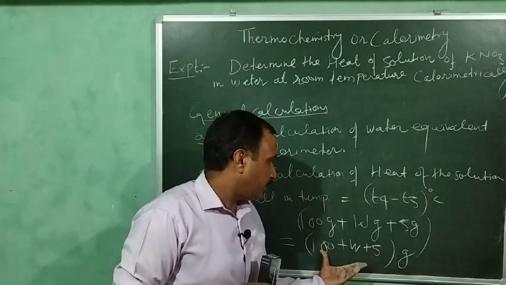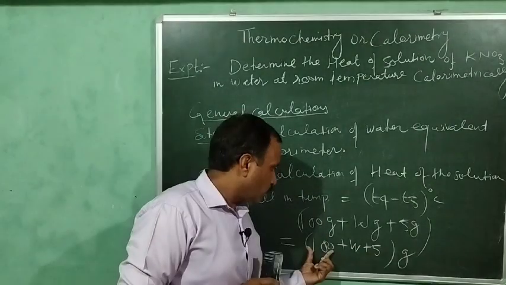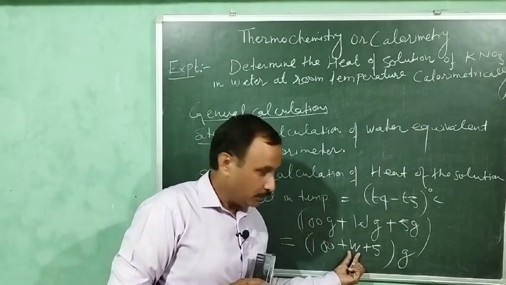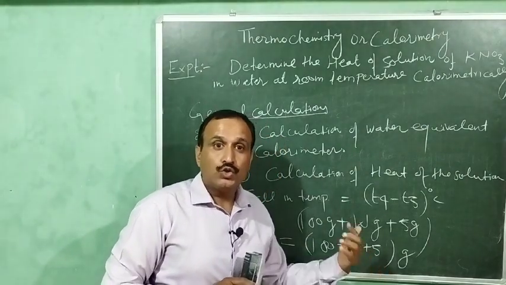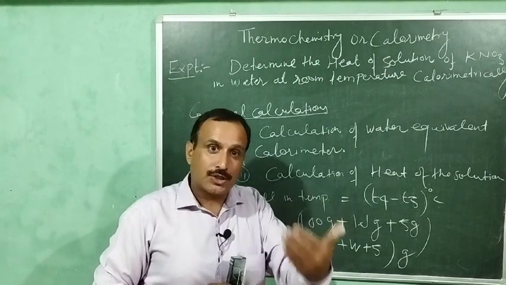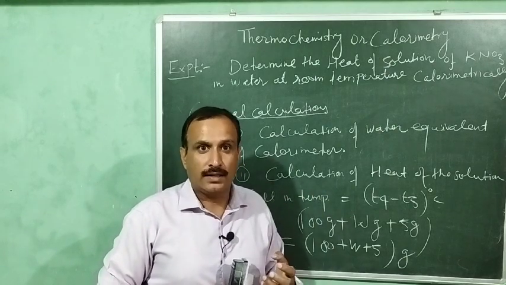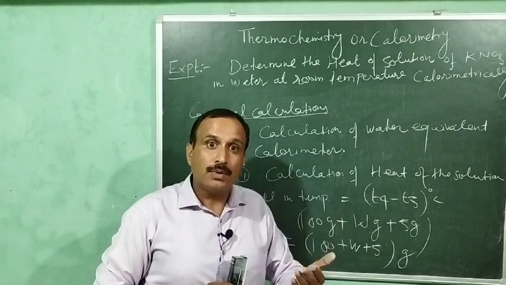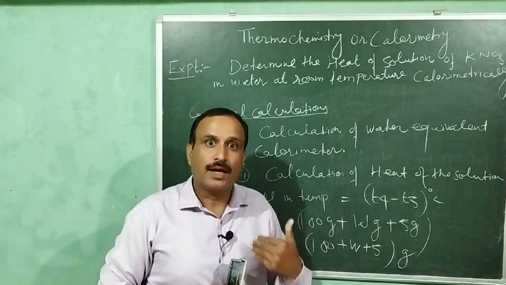So इतना weight है कोल्ड वाटर का, कैलोरीमीटर और पोटाशियम नाइट्रेट, जो कि हीट लूज करेगा। और किसको, पोटाशियम नाइट्रेट को जो घुल रहा है, and this heat will be gained by the potassium nitrate.